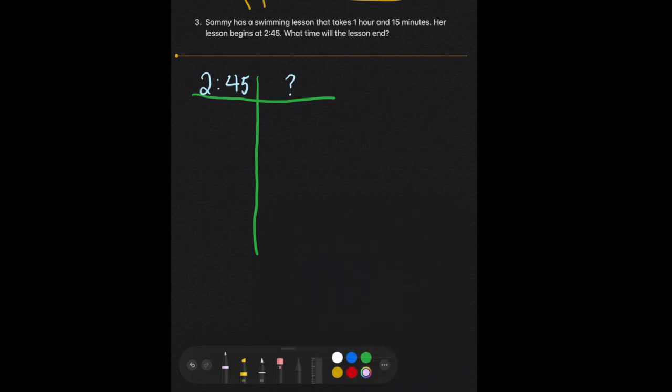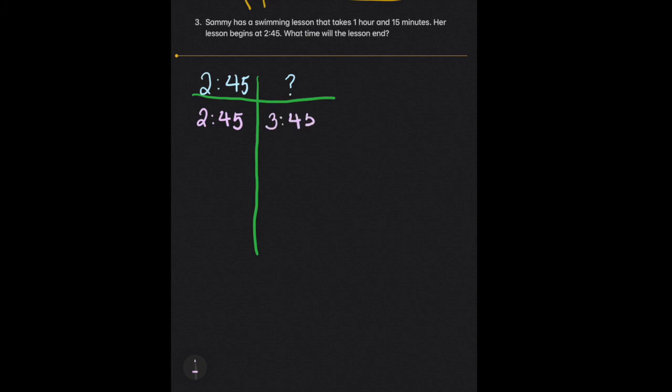We're just going to be counting up 1 hour and 15 minutes. So let's see. So on the one side, we're going to write 2:45. Now, let's say we add an hour to 2:45. So 2:45 plus 1 hour is now 3:45. So we've added our hour of the 1 hour and 15 minutes.